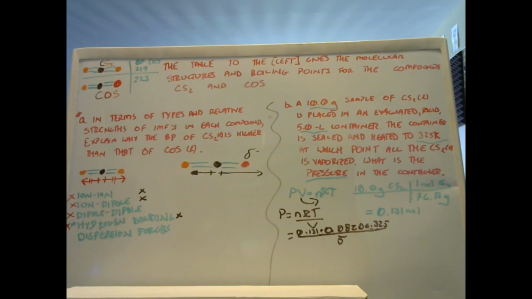But I should get 0.131 times 0.08206 times 325 divided by 5. Do all that math out, and you should get 0.7 atmospheres.